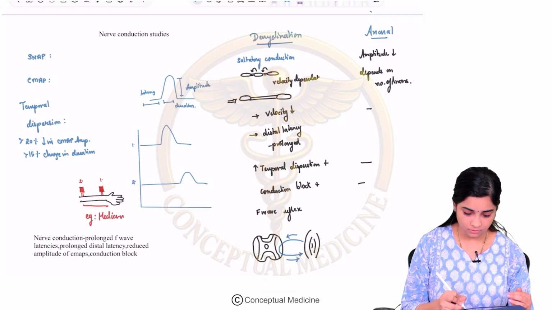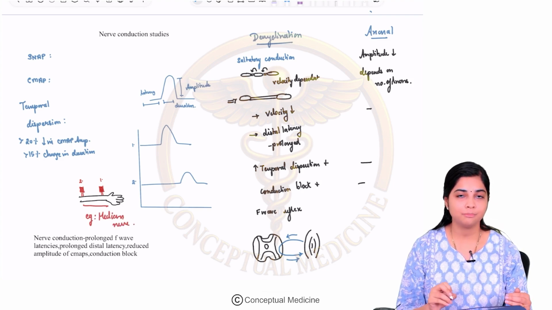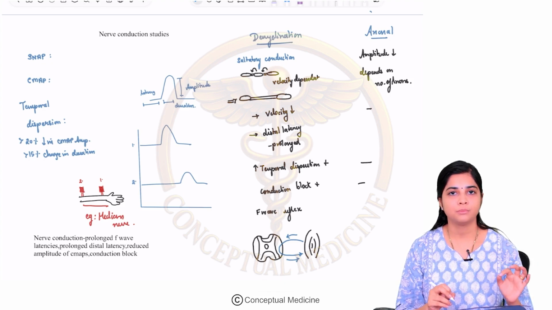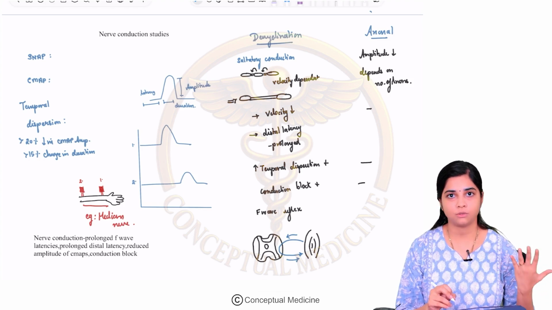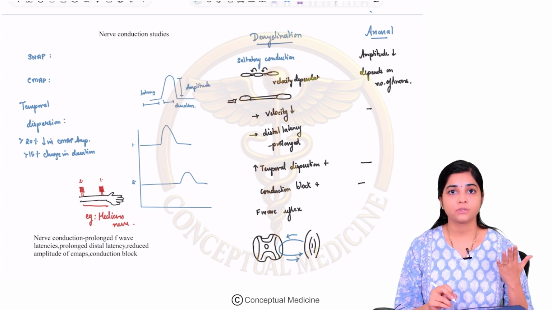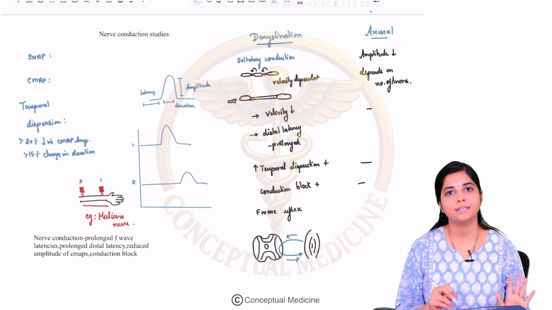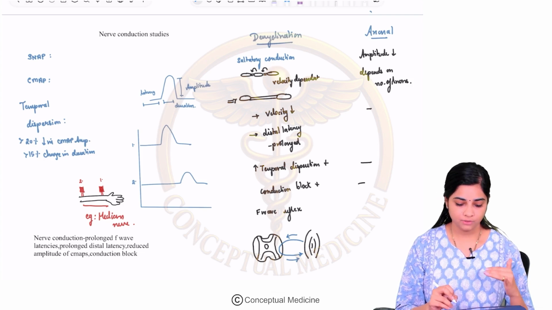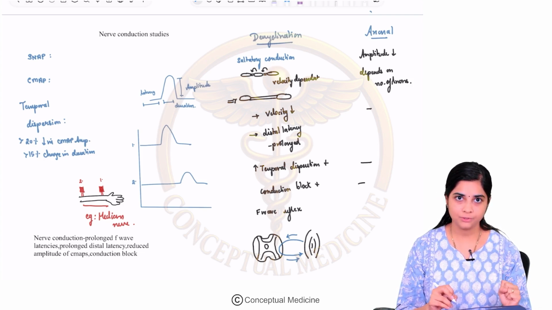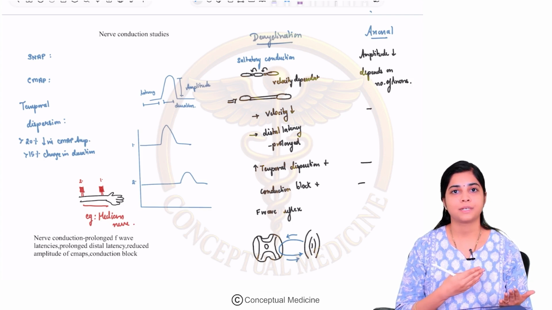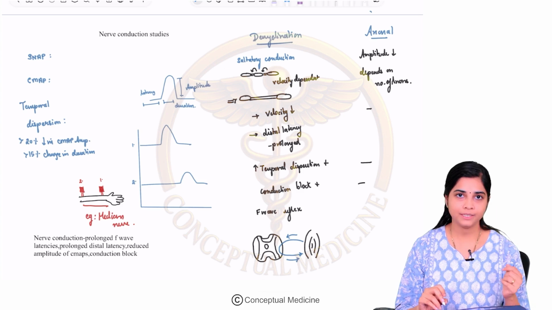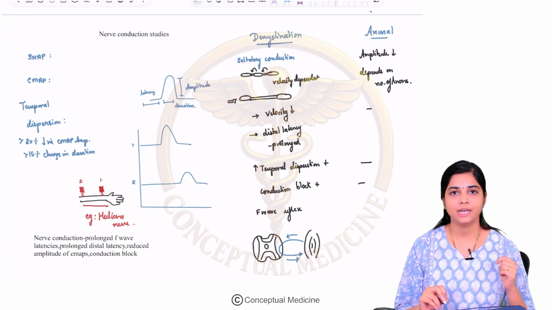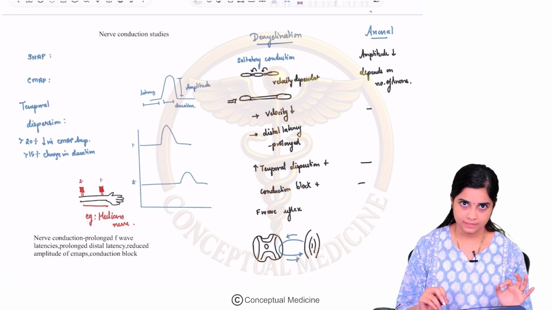To test the integrity of the median nerve, you stimulate it using an electrode at multiple points throughout its course. For simplicity, we are having two electrodes: one present proximally and one present distally.